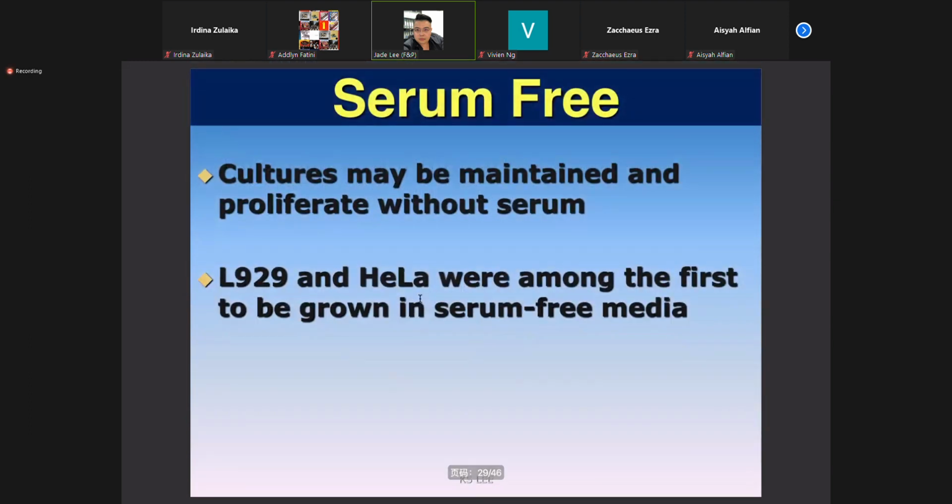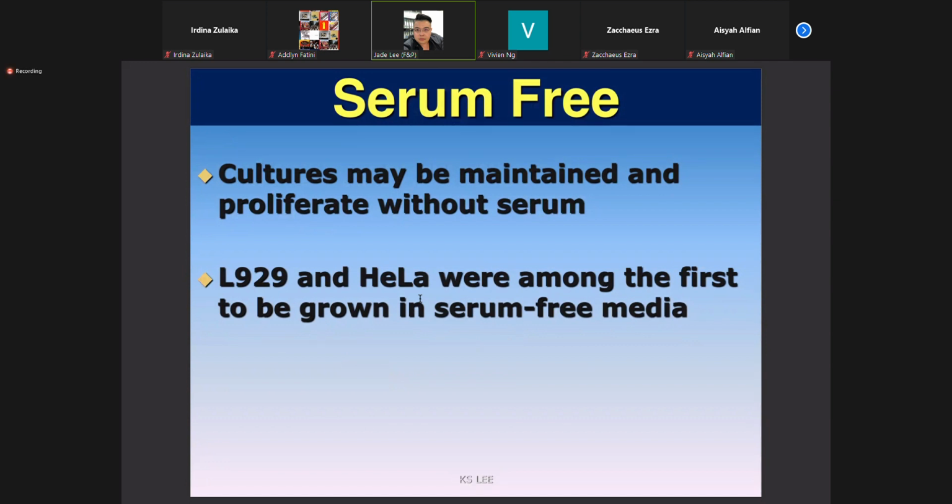Okay, but we also have the serum-free media, which is available because some of the cells prefer serum-free media. Culture may be maintained and proliferate without serum, right? For example, the L929 and HeLa cell lines were among the first to be grown in serum-free media.